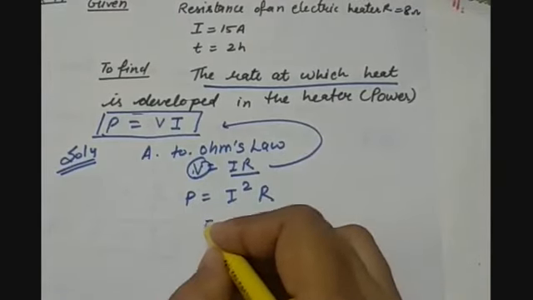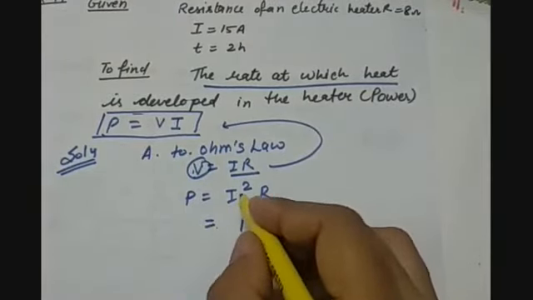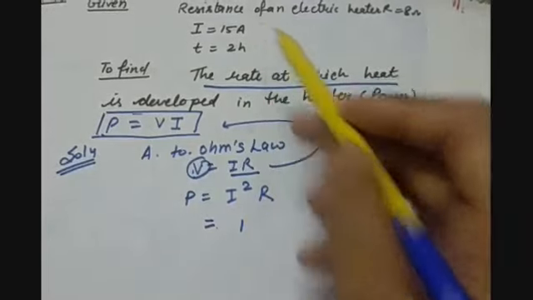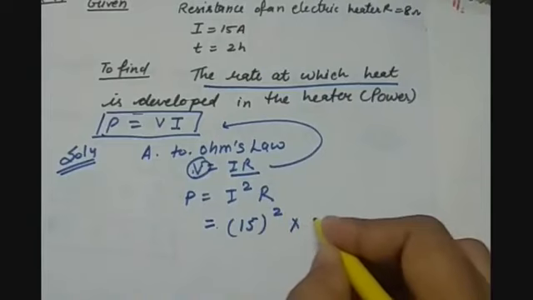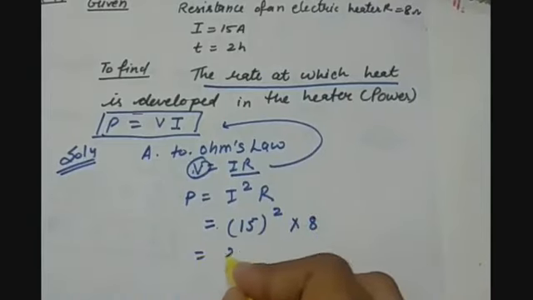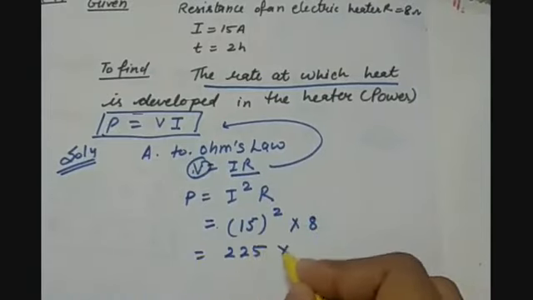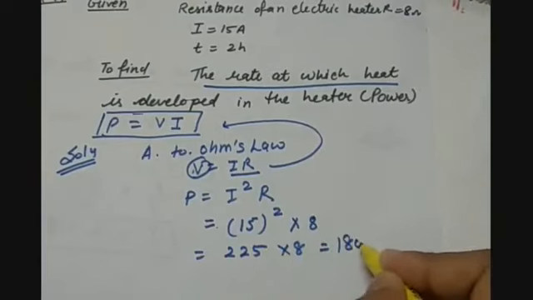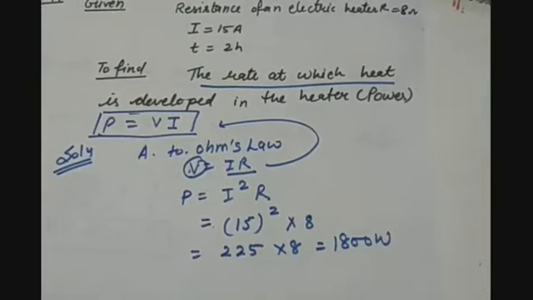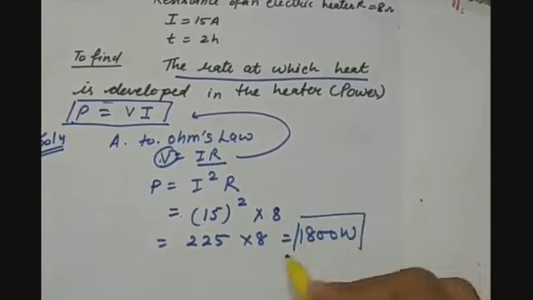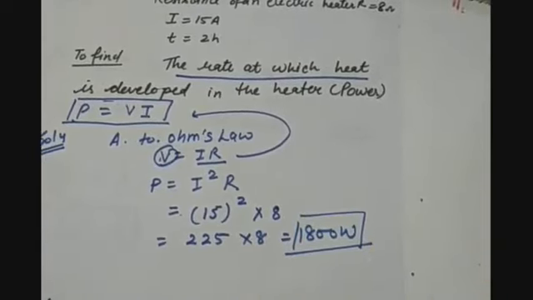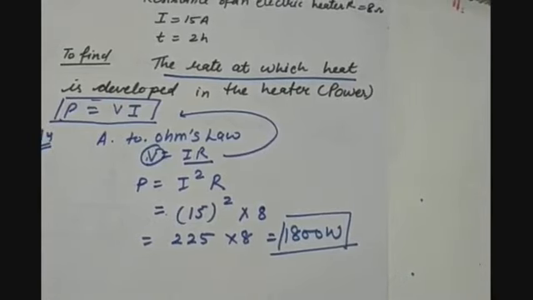So because I is having a value 15 ampere, so I will be 15 square, R is 8, so we are having 225 into 8, that comes out to be 1800 watt. So the rate at which heat is developed in the heater is 1800 watt. That means 1800 joules of energy is consumed by the heater in 1 second.